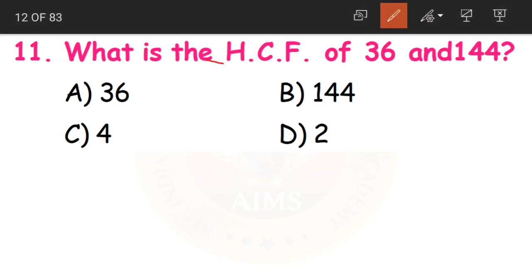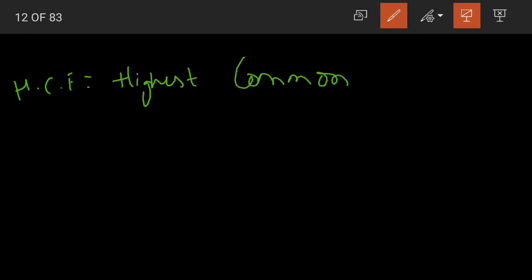Now what is this HCF? HCF is equal to highest common factor. Now we all know what factor means. Factor means a number which divides another number exactly. Now what is common factor? We already know what is a common factor.